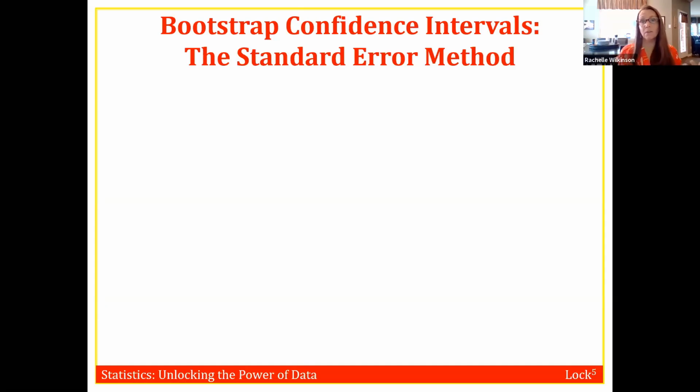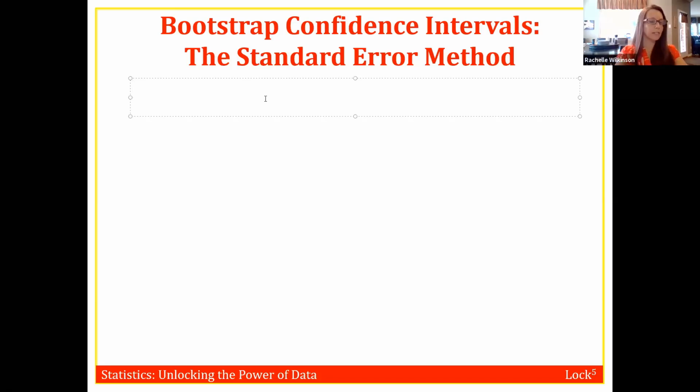This one should feel pretty familiar to you because it's basically the same thing that we did in section 3.2, only instead of using the standard error from our sampling distribution, we're going to use the standard error estimate from our bootstrap distribution. So let's write down the steps for constructing a confidence interval using what we call the standard error method.